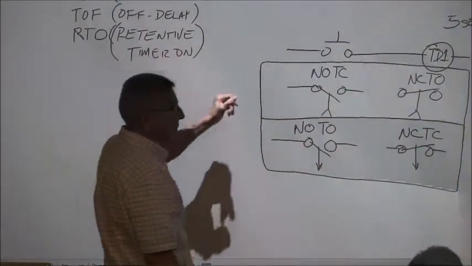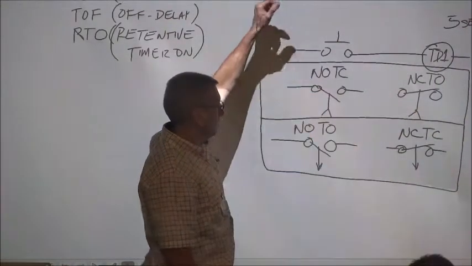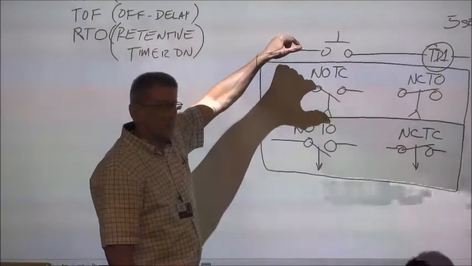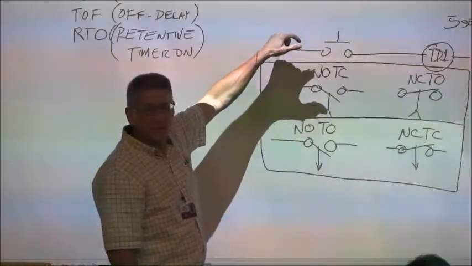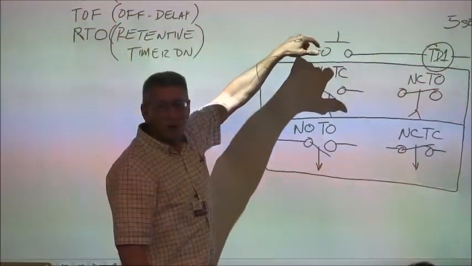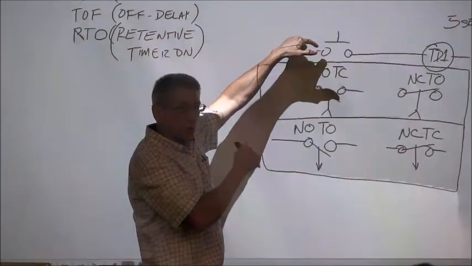So we press the button. We're going to do the off delay. We press the button, and on the normally open, timed open contact, what happens to this contact? Yes, it's going to close, right?